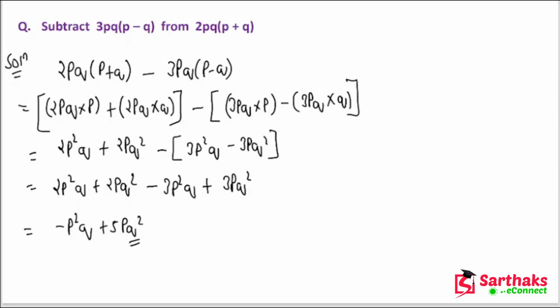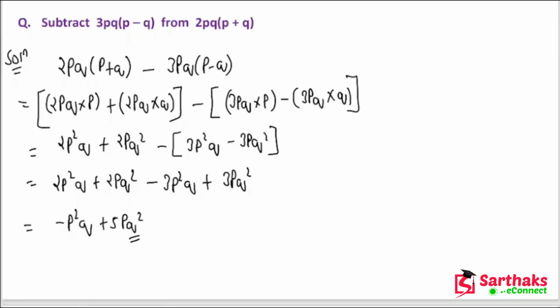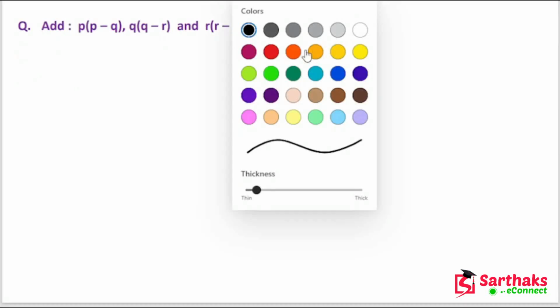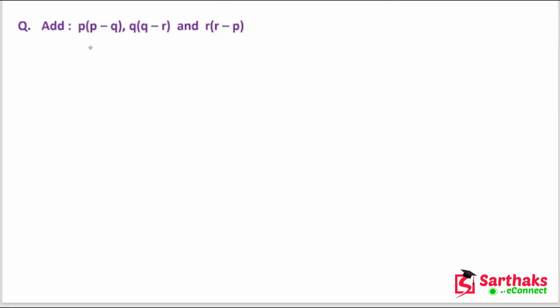Now these questions should actually help you to avoid this second step. It is making it long and you should now be able to multiply them directly. So this says add p into p minus q, q into q minus r, and r into r minus p. So we have to add these.